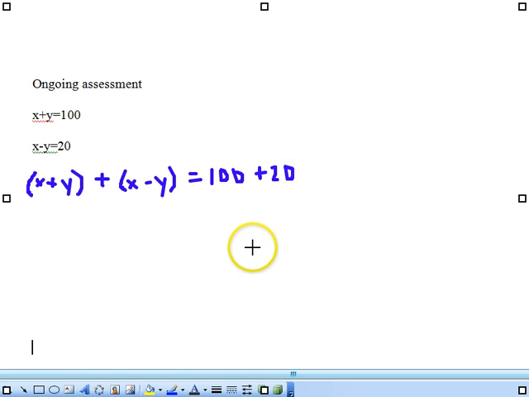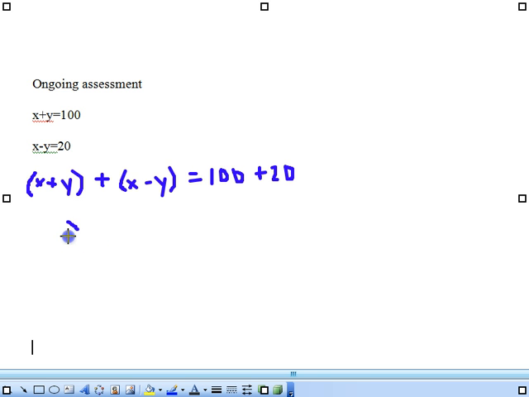Okay. Now, as you can see, positive x and negative x are opposites of each other, and so they cancel each other out. Positive y and negative y, excuse me, are opposites of each other, and they cancel each other out. So we can get rid of them, okay?